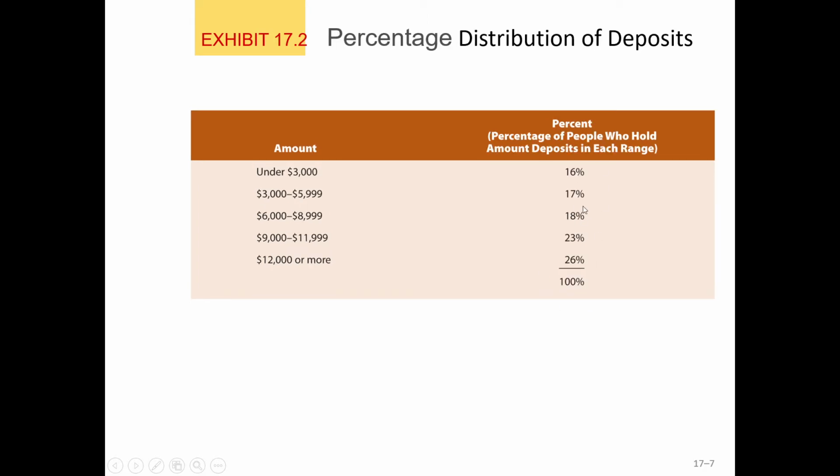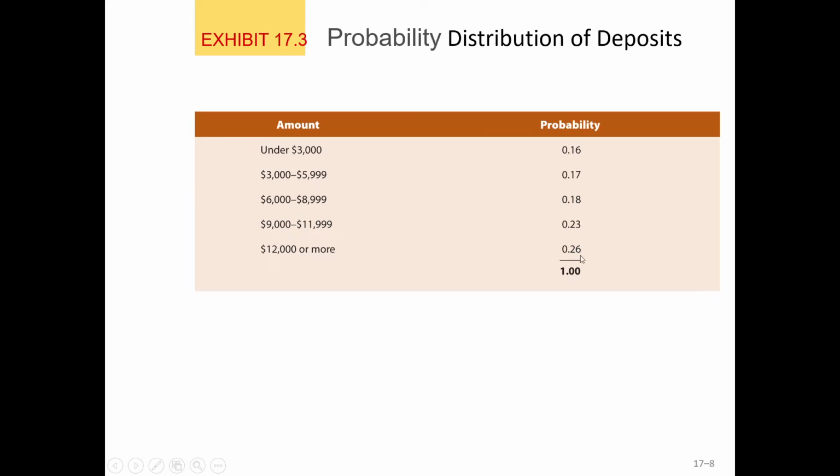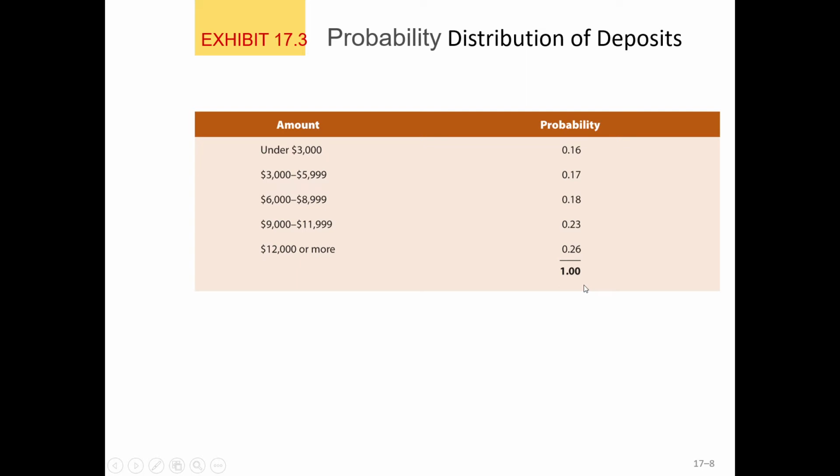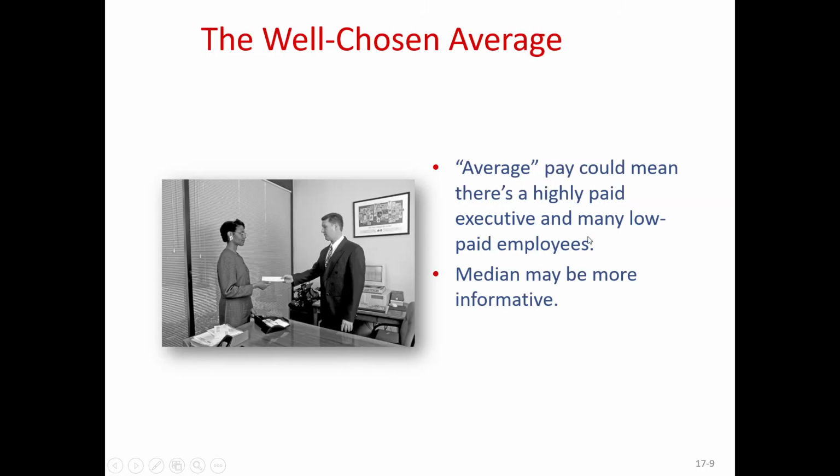When we go in percent, the 3,120 is 100%, and then for each one we calculate the percentage. And probability is not 100%, the probability is from 0 to 1, and then we have the same probability distribution of the deposits.